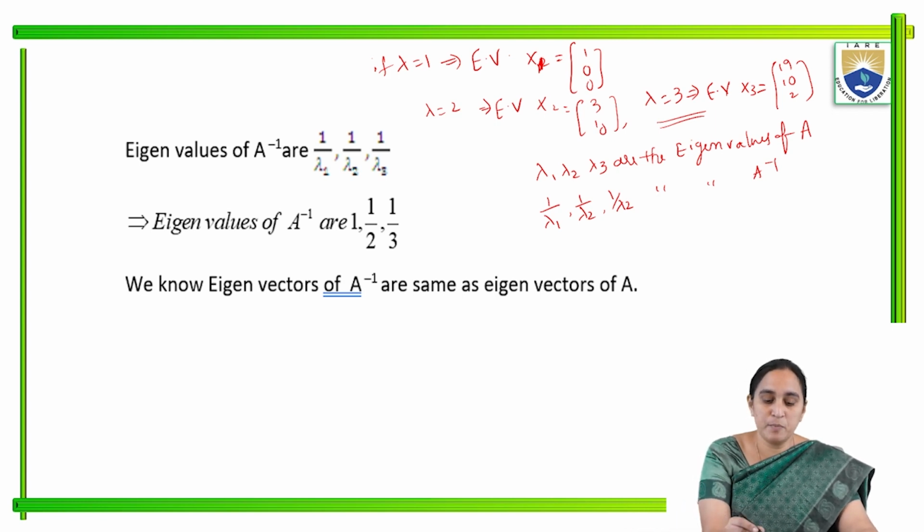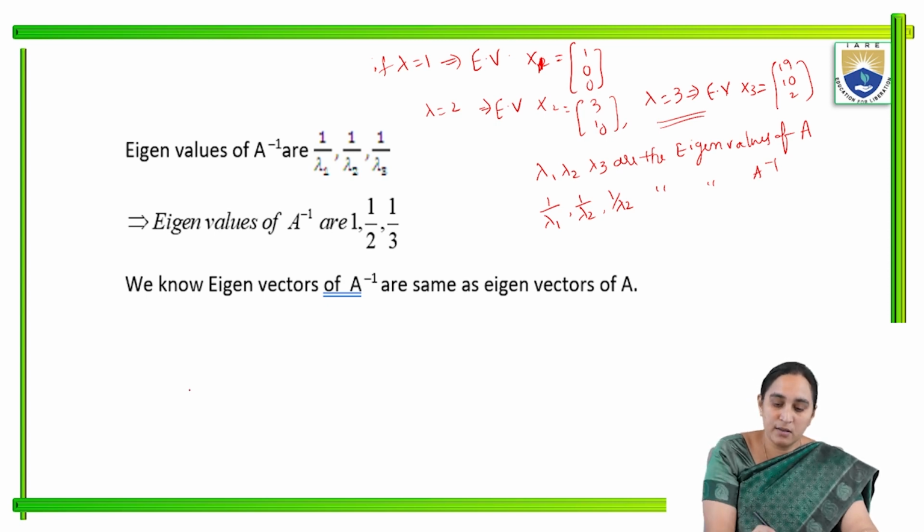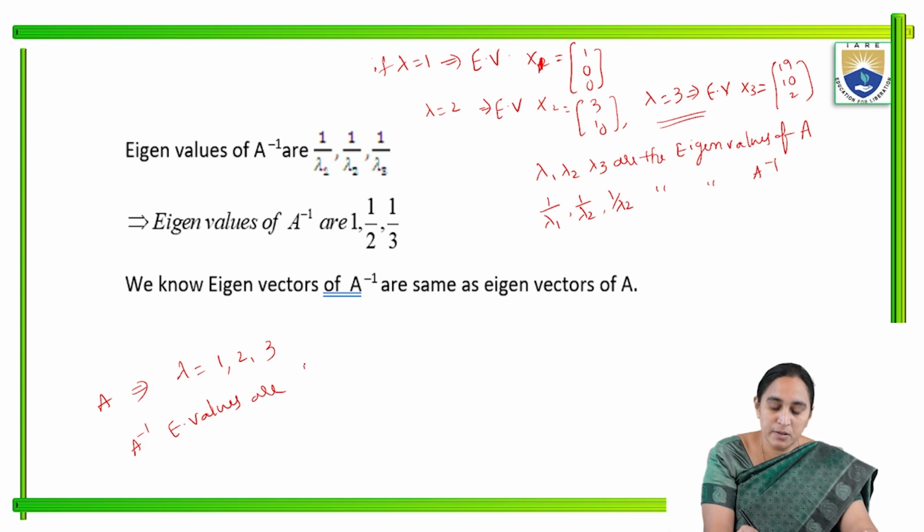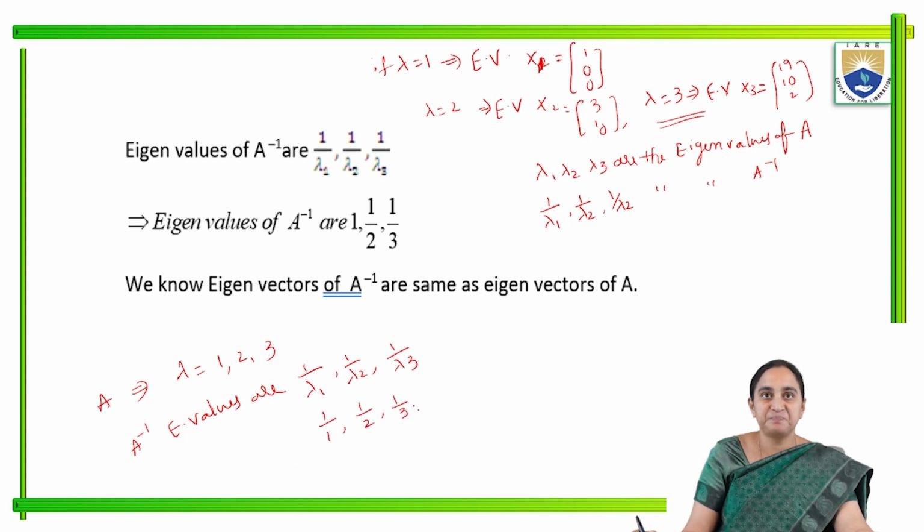Therefore, from that property, what are the A inverse eigenvalues? We already know the eigenvalues of A are lambda is equal to 1, 2, 3. Therefore, the A inverse eigenvalues are 1 by lambda 1, 1 by lambda 2, 1 by lambda 3, that is 1 by 1, 1 by 2, 1 by 3.